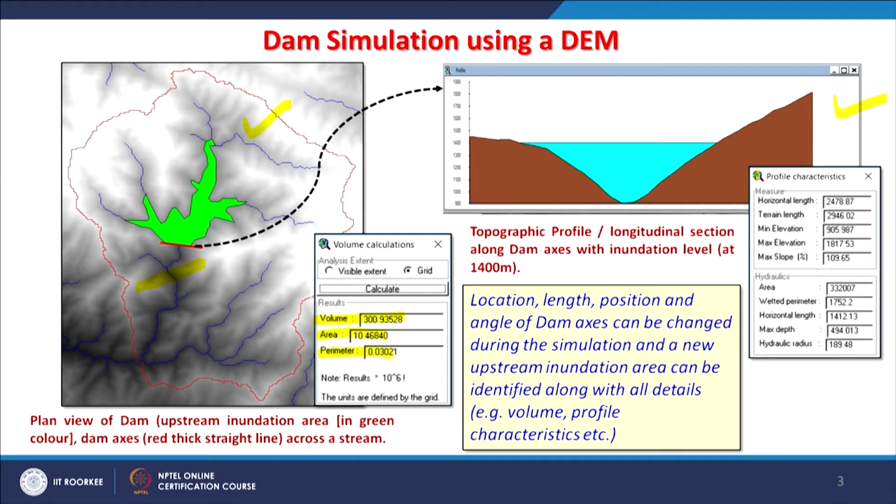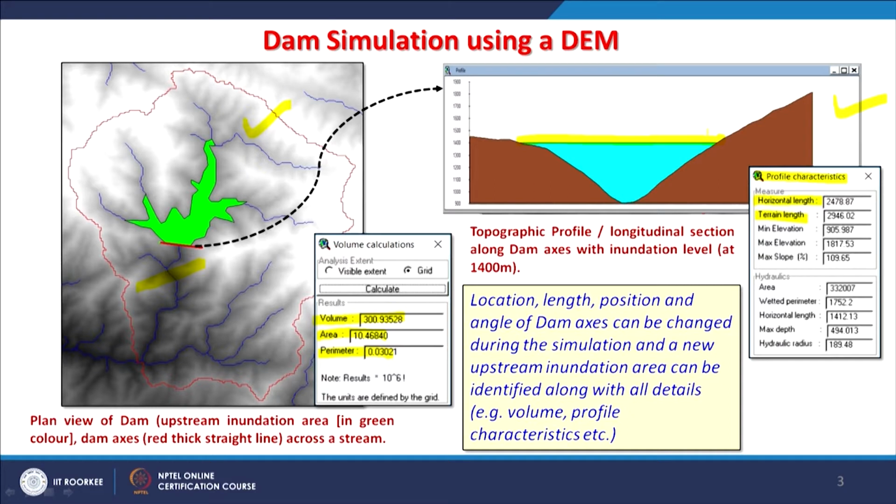Now, about this profile, a topographic profile, many parameters can also be derived here. Important points are the horizontal distance and terrain length. Horizontal distance is this length, which is the top of the water surface. Of course, it is in 2D.